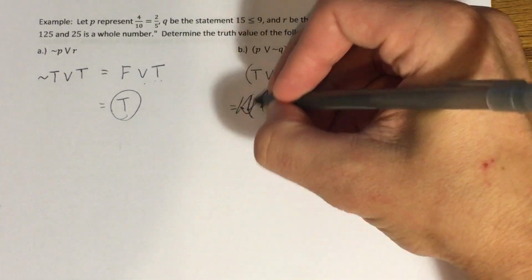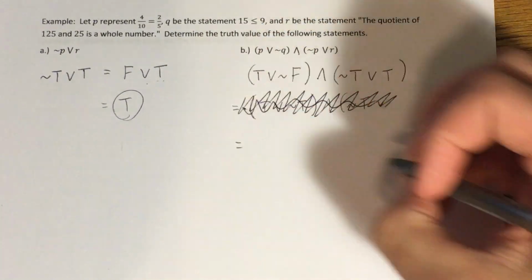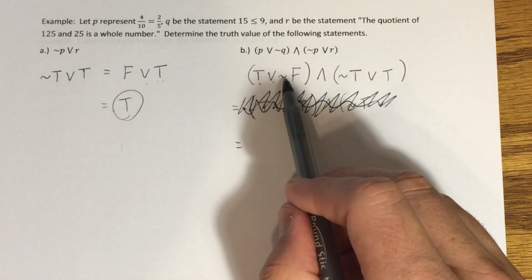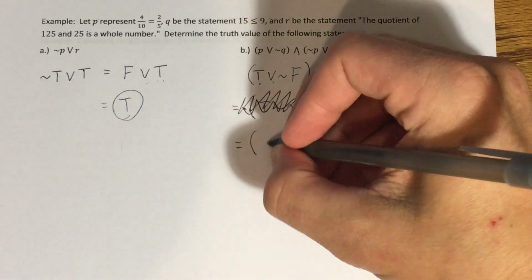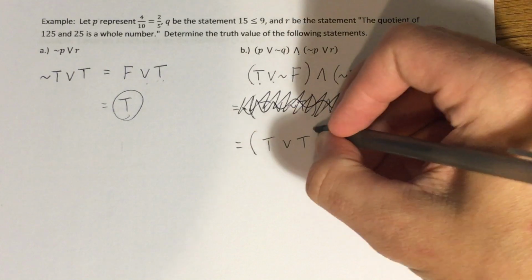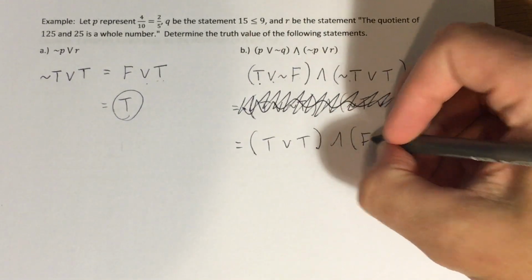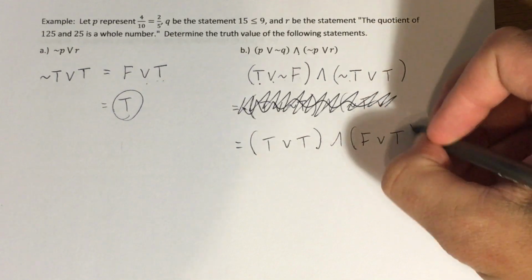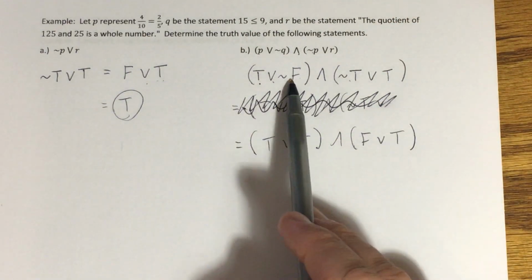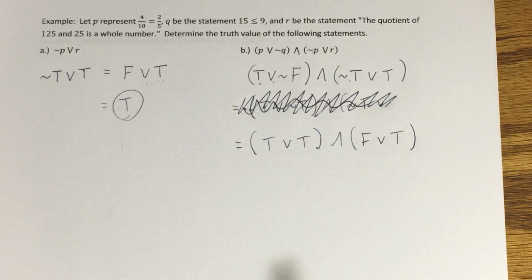Back that up. That's incorrect. True or not false. Not false is the same thing as true. So this is true or true. And not true means false. So let's deal with that. Or true. Okay, so I've dealt with the two negations in this next step right here.